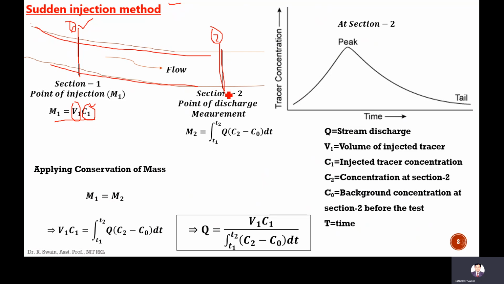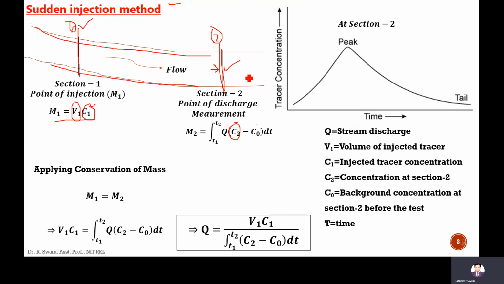At section 2, M2 is calculated by adding Q, the discharge, into C2 minus C naught into dt. C2 means the concentration that you are measuring at this point. C naught is the concentration before the test.